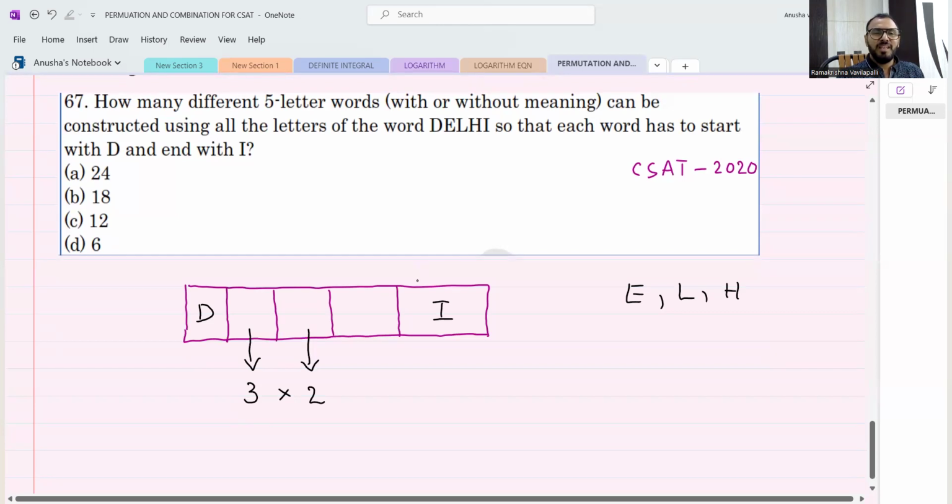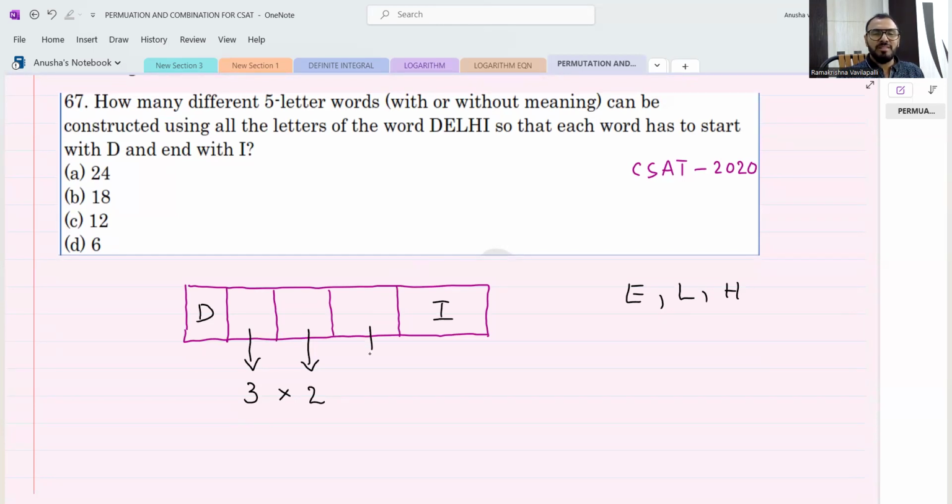Now there is only 1 letter left, so the third box can be filled in only 1 way. That's equal to 6 ways. The question is finished. It's a matter of only 1 minute.